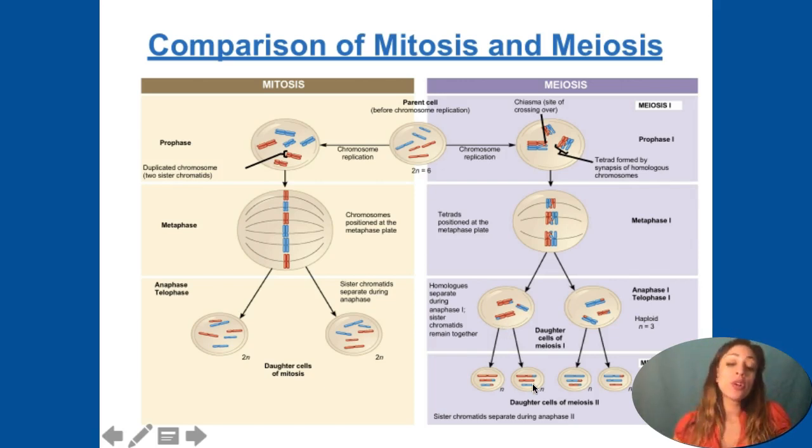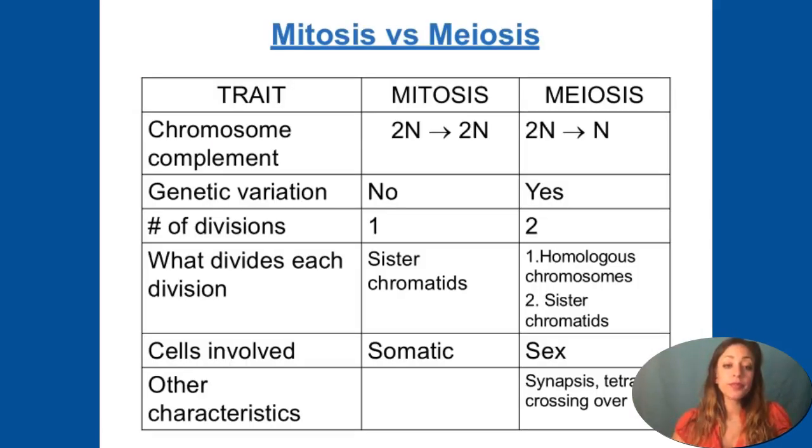Then those undergo meiosis 2 to further divide, and now they are left each with 3 chromosomes in each of the new unique haploid cells. And we say that they're haploid once again because there's 1, 2, 3 centromeres here, so 3 chromosomes. Over here there's 1, 2, 3, 4, 5, 6 centromeres, which means there's 6 chromosomes. So we actually got cut in half when we went through meiosis.